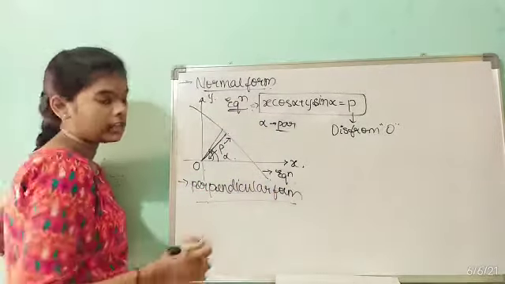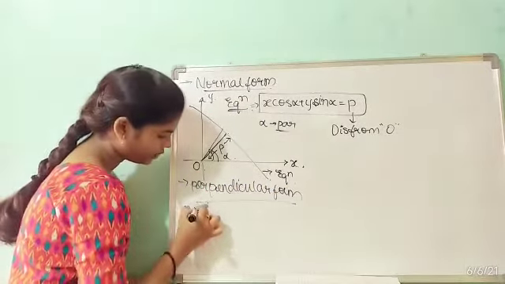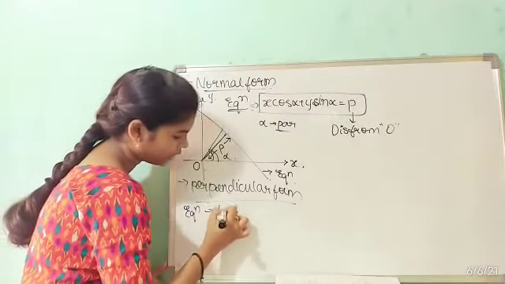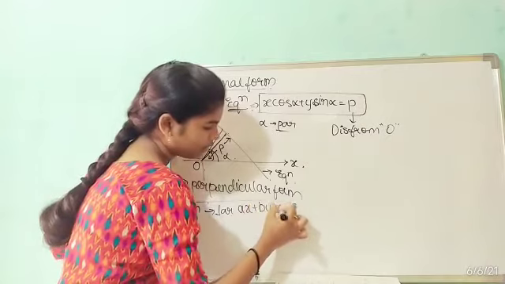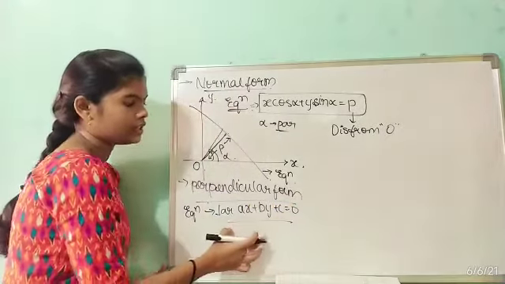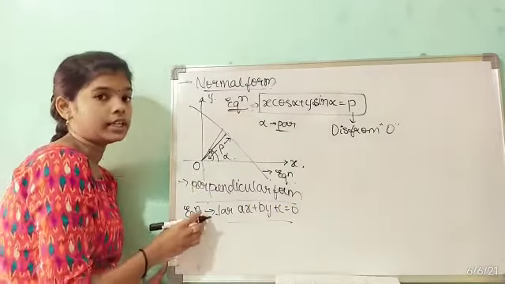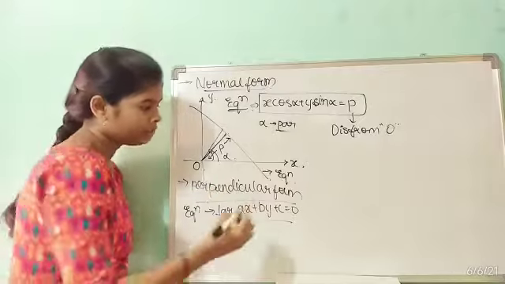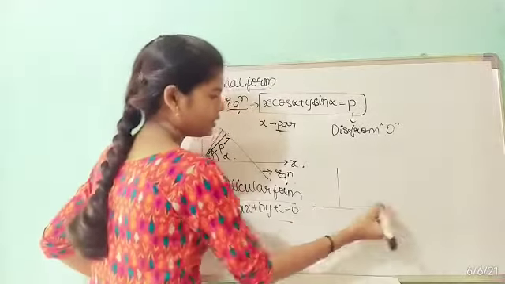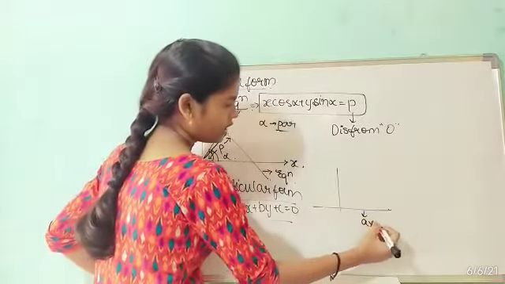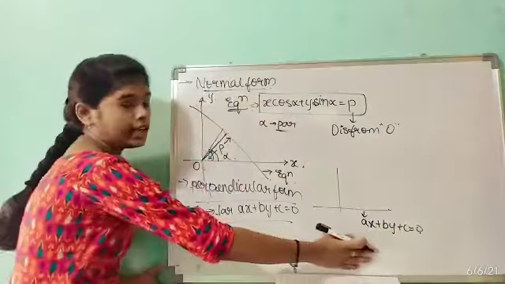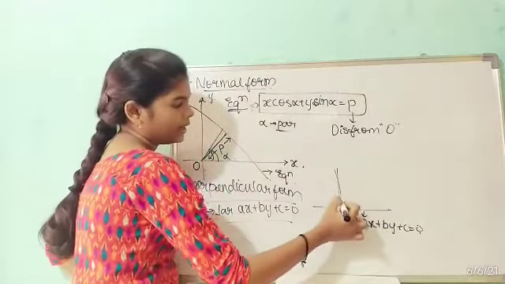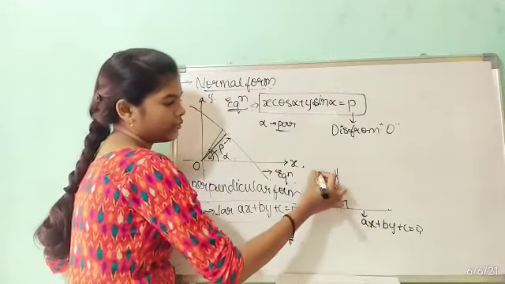Perpendicular form: suppose a line is perpendicular to ax plus by plus c is equal to 0. This is the line equation, and for this, another line is perpendicular.